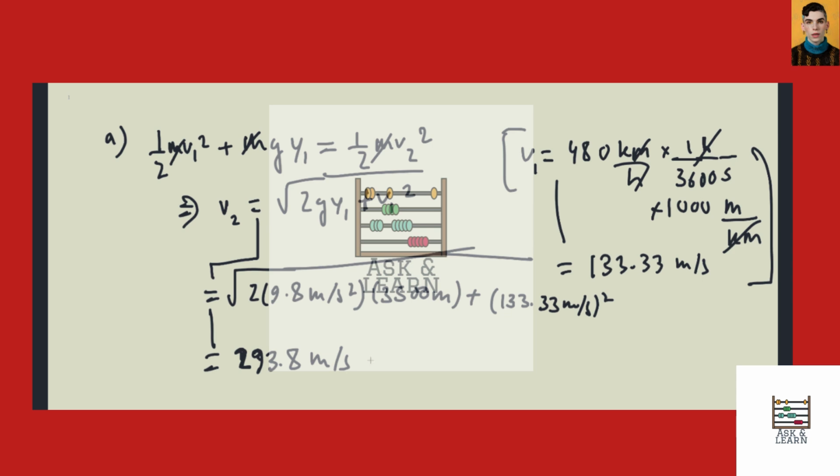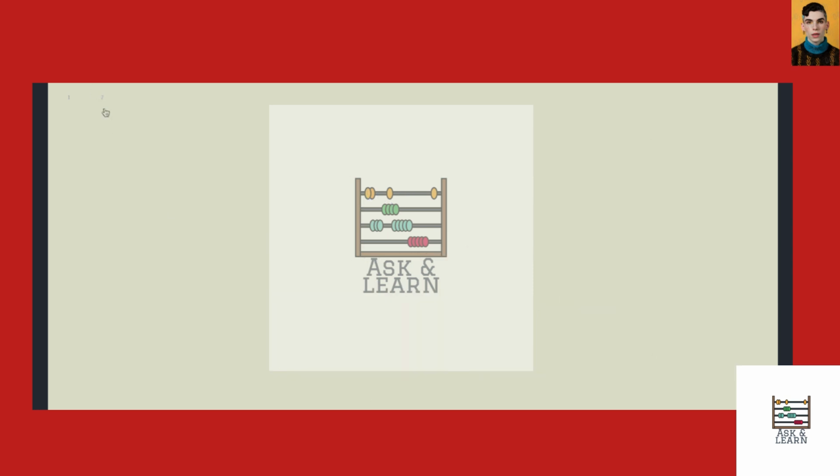If you want to convert this to kilometers per hour, you multiply by 3,600 seconds per hour times, of course, 1/1000 kilometers per meter to get about 1,058 kilometers per hour. So much, much faster in the absence of air resistance, as expected.